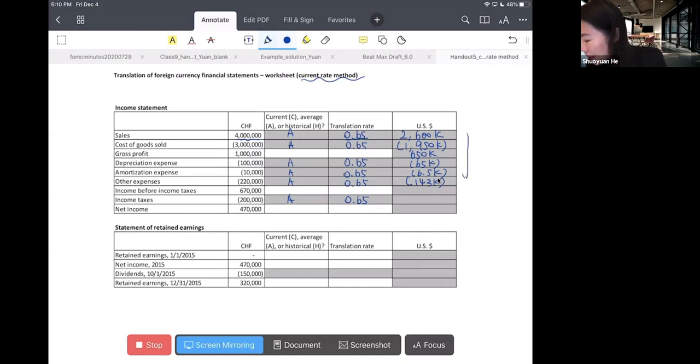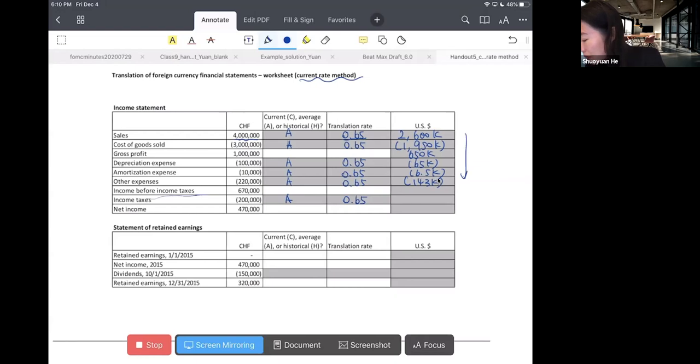So this is income before income tax. You just add up all of the previous numbers, as well as gross profit. Gross profit is sales minus cost of goods sold, so there's no exchange rate needed here. Same as here. Then income tax is 130,000.